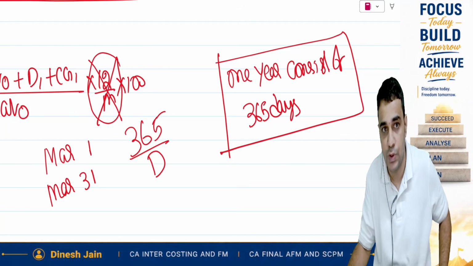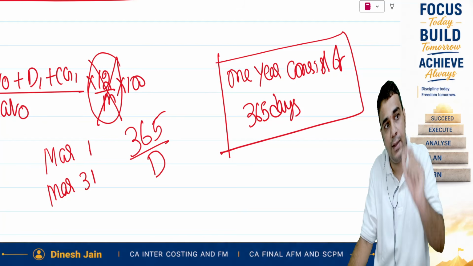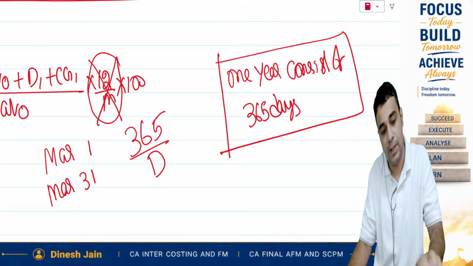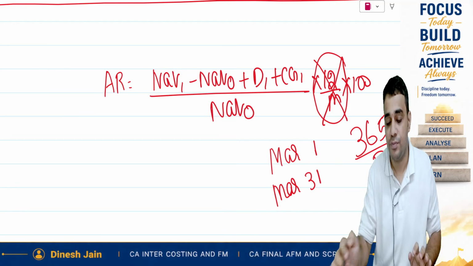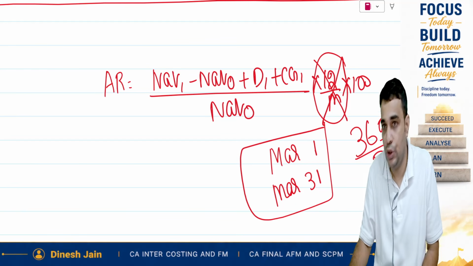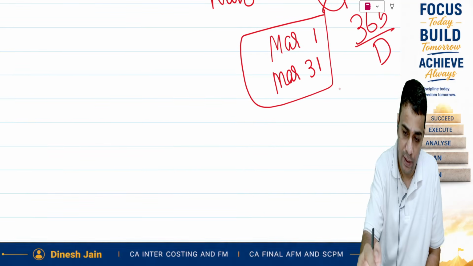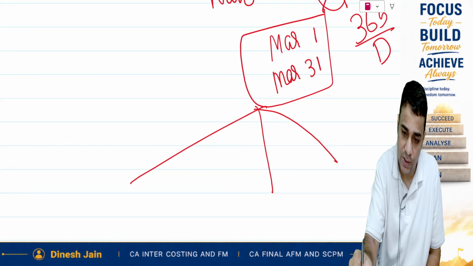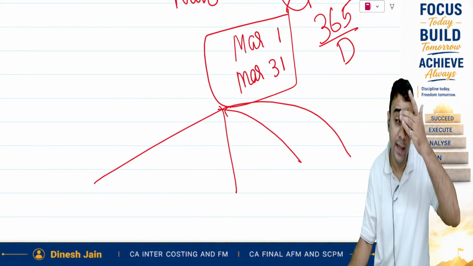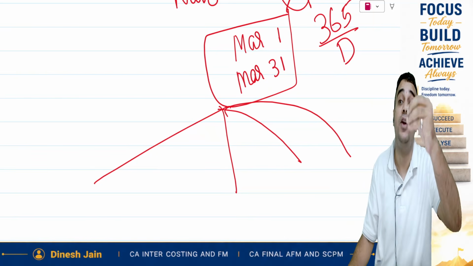Where this is used, you have to take care that you use 365 by number of days. But this leads to one challenge. When I do days calculation, you will see one challenge. The challenge is, for the days computation, I invested on March 1 end of day.